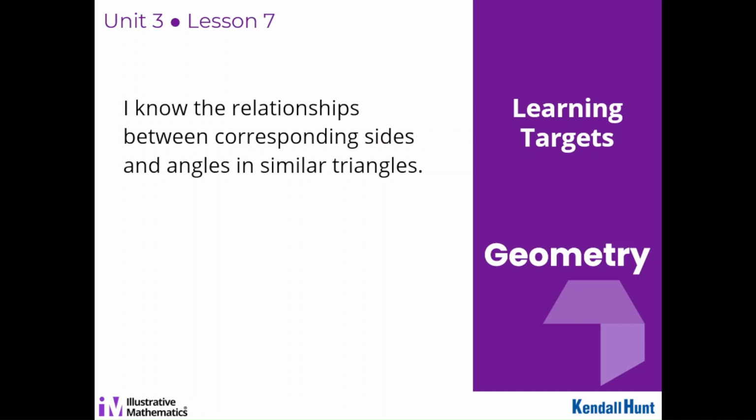And that scale factor could even include 1. So if I have the same exact angles and the same exact sides, then yes, we are similar. We just also happen to be congruent at that point.